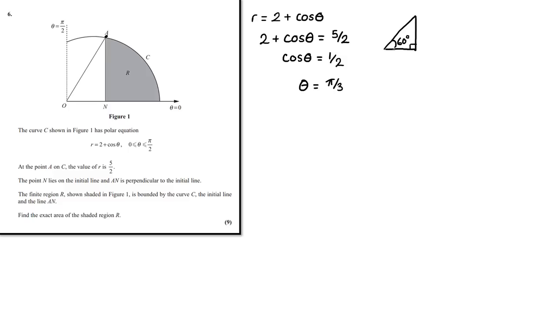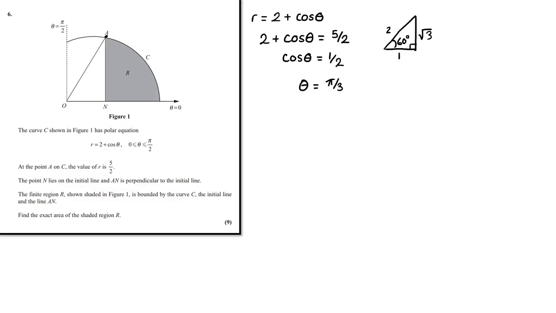What I want to do now is work out these lengths here. If I take a very simple example where the base is 1 and the hypotenuse is 2, then this length here must be √3. 1 squared plus √3 squared would give us √4, giving us 2. So we're going to use this as our basic example.